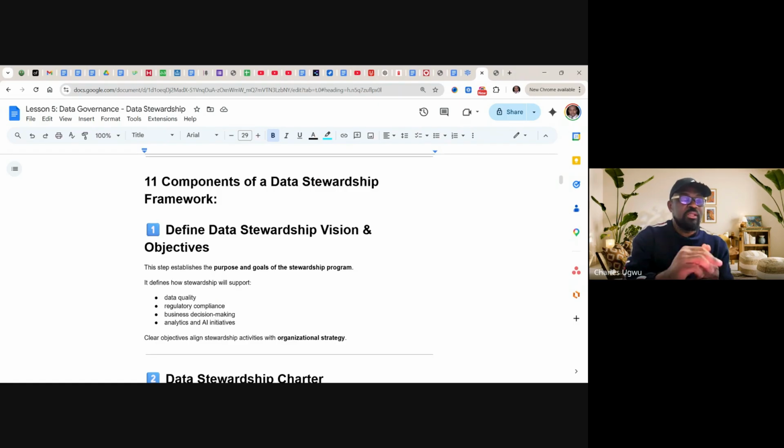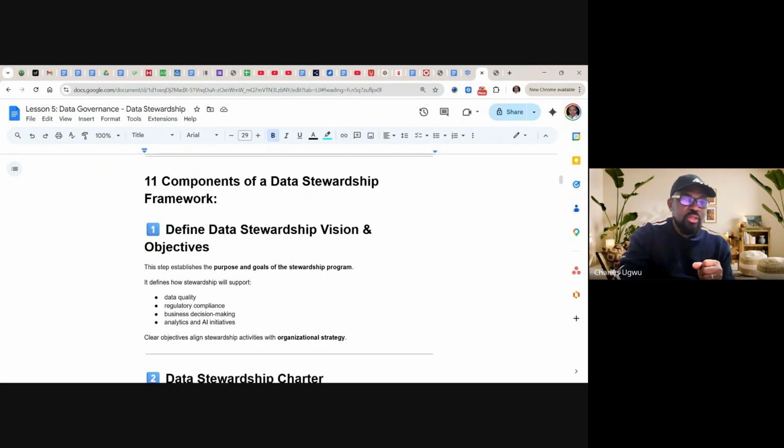The first one is you must define the data stewardship vision and objective. So the vision: what is the purpose of this data stewardship framework? These are things that need to be done.